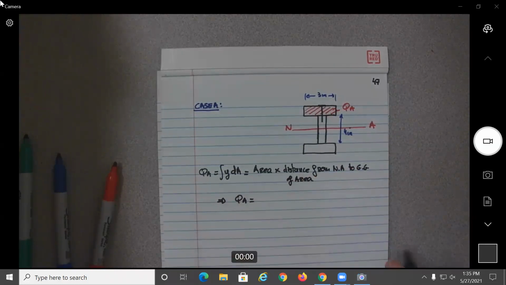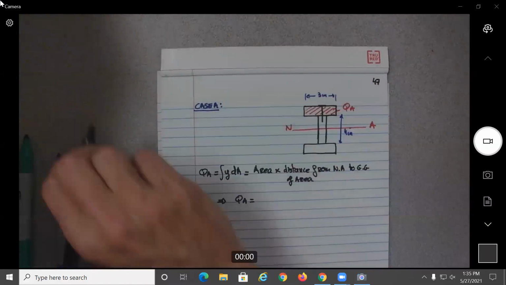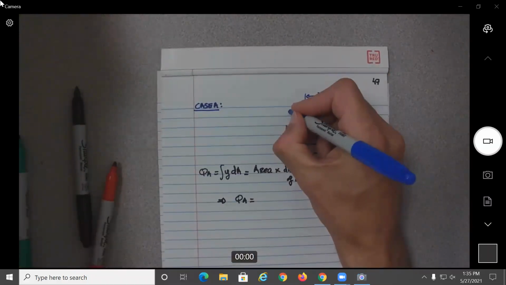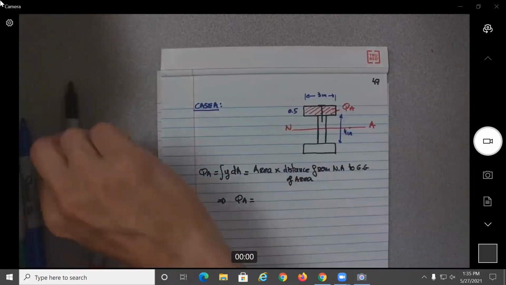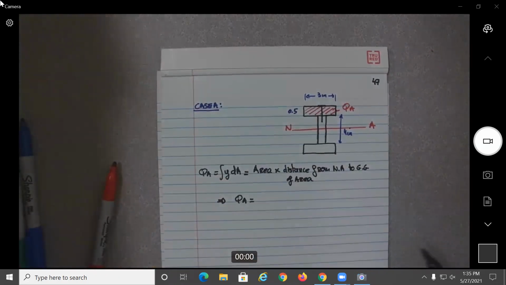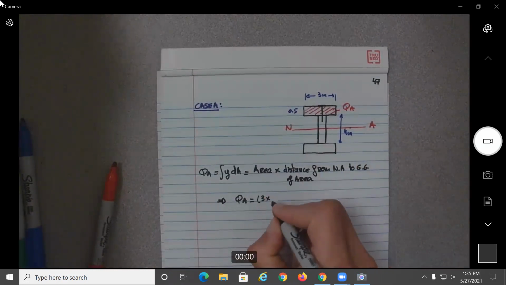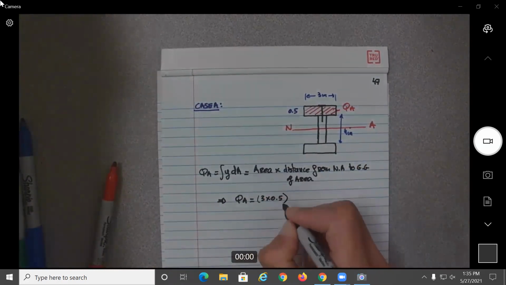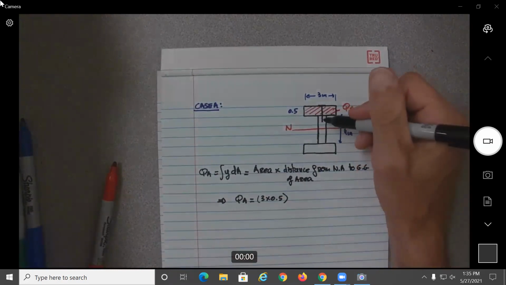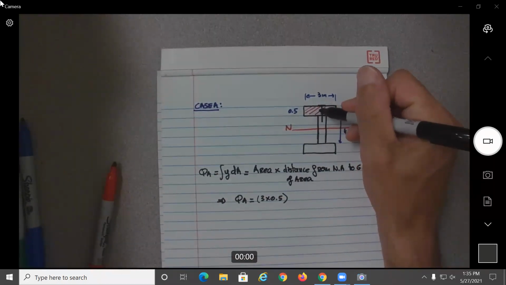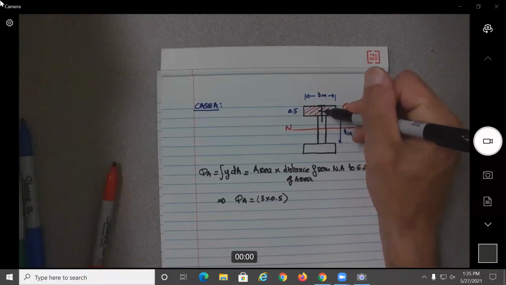So this gives you what? What is the value of the area? The area is 3 times 0.5. Now, what would be the distance from the neutral axis to the CG, which would be somewhere over here, in the middle? So it will be that distance over here.